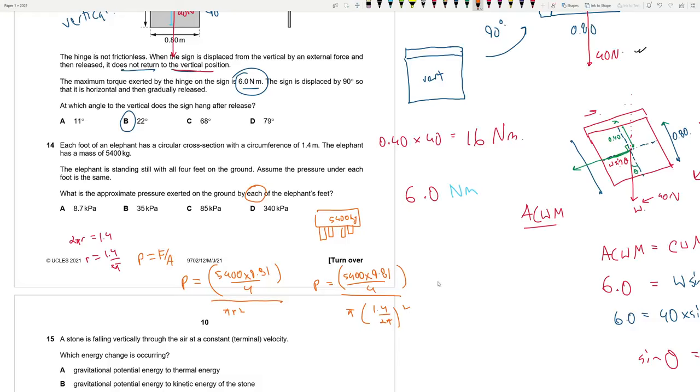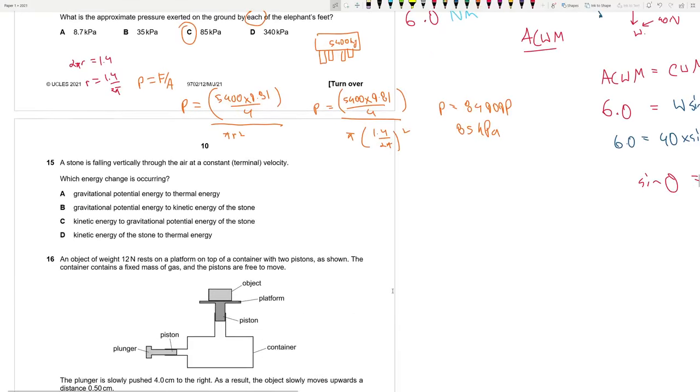It gives us a value of P equal to 84909 pascals, divided by 1,000 is 84.9, or 85 kilopascals. So our answer is C. Okay, hopefully you guys get it.